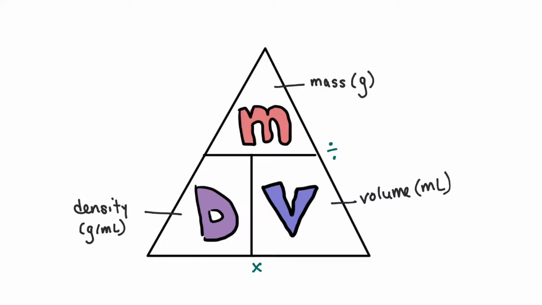So what you do is you cover up or identify the value you want, and then you figure out where the other two values are in relationship to each other. So say we wanted to know the volume, we could calculate the volume by taking the mass and dividing by the density. So these are all the different ways we could manipulate this triangle. And we're going to go through some examples of these calculations.